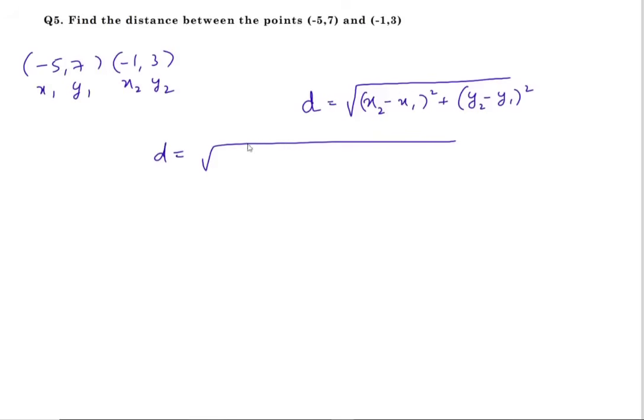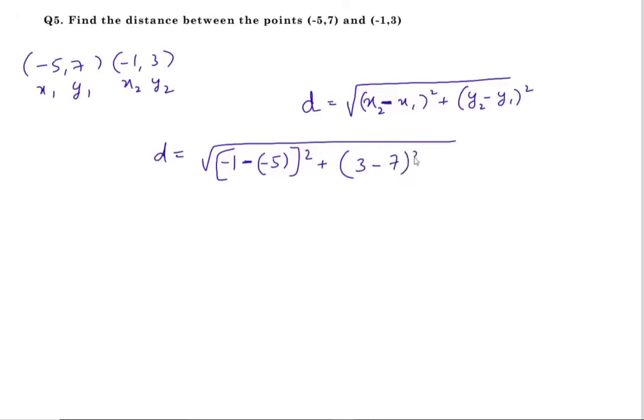Square root of what is x2? x2 is minus 1 minus, in the formula we have minus as it is, what is x1 value, minus 5 whole square, plus what is y2? y2 is 3 minus y1 is 7.